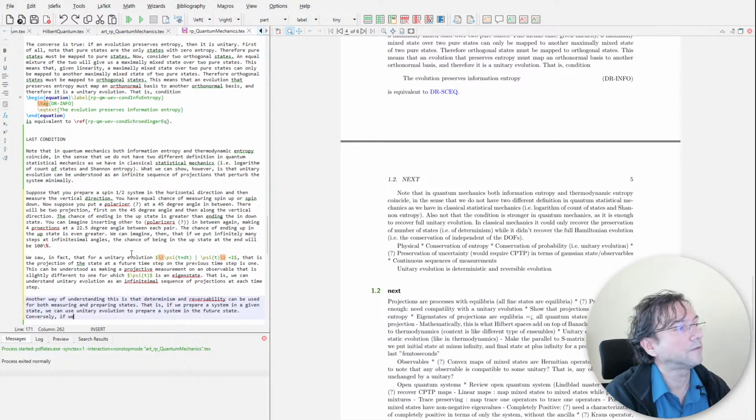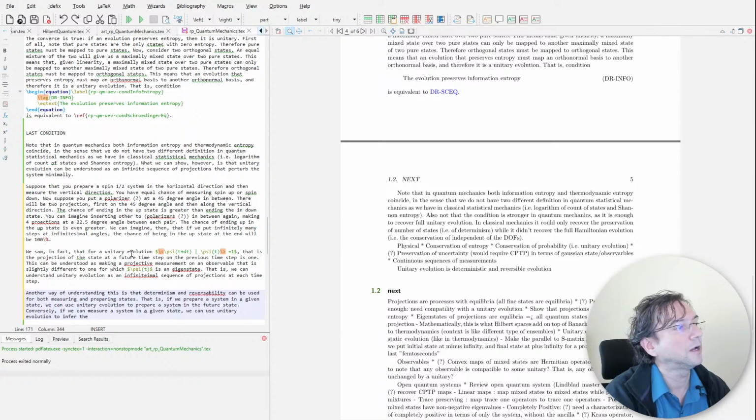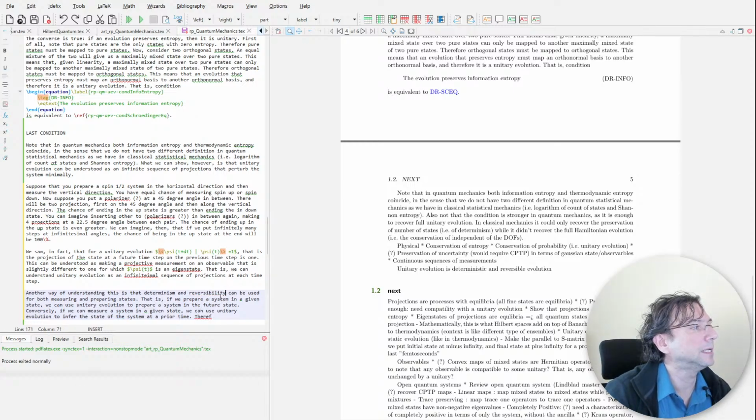Conversely, if we measure a system in a given state, we can use unitary evolution to infer the state of the system at a prior time. And this is reversibility.